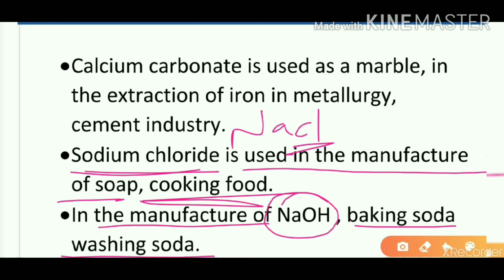We will see how baking soda is formed, how washing soda is formed, how sodium hydroxide is formed in the upcoming classes, in a detailed way.